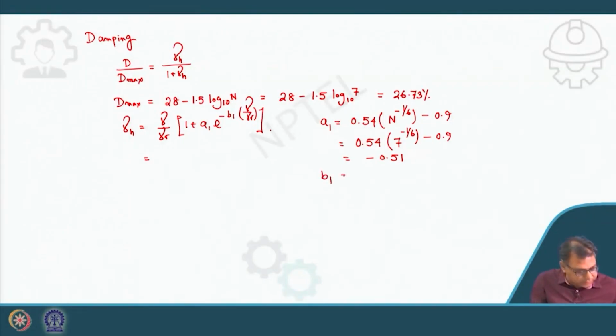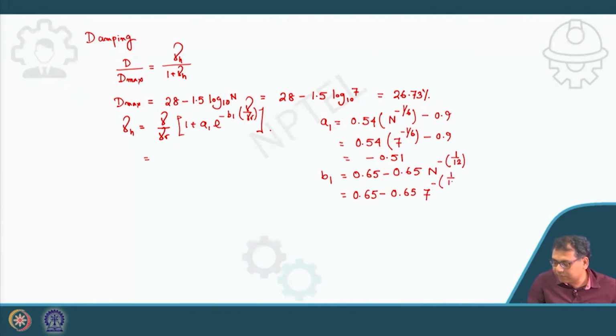Similarly B1 is 0.65 minus 0.65 N to the power minus 1 by 12. So this is 0.65 minus 0.65 times 7 to the power minus 1 by 12. Okay. So that value is coming out to be 0.097. So I will get the A1 and B1.